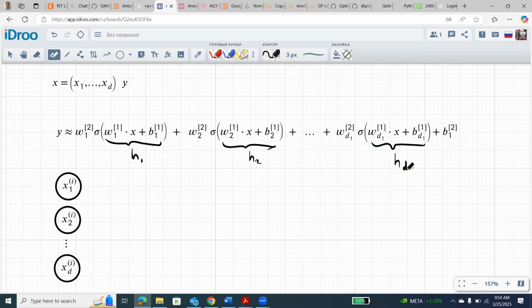Okay, so the first step is to calculate these hidden variables from our input.